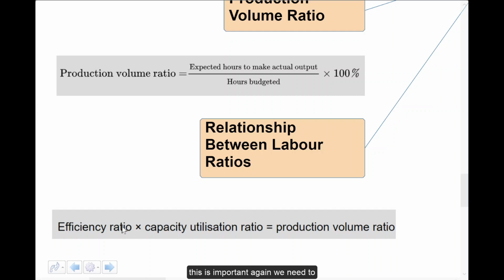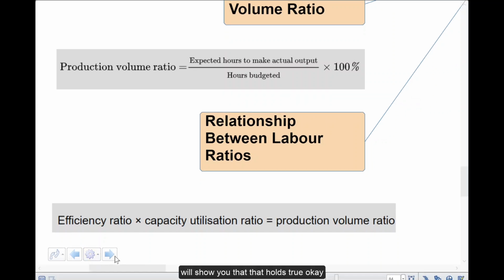And this is important. Again, we need to memorize this. If we multiply the two, and you'd have to really do this with numbers, so I would encourage you to make sure that we've done the activities in the chapter, but also watch for these questions in the OT question set of the course. Efficiency ratio times capacity equals production volume. Simple mathematics will show you that that holds true.